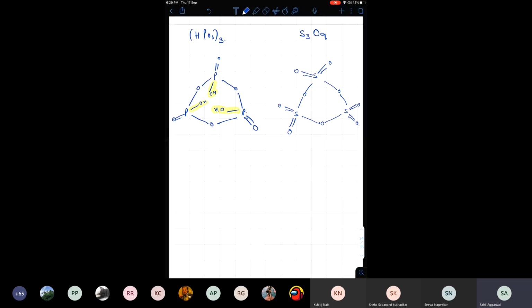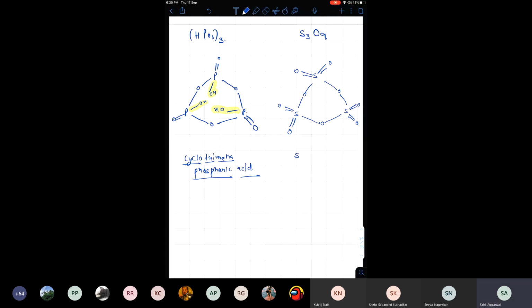Make this also. Done. This is cyclotrimetaphosphoric acid. Cyclotrimetaphosphoric acid.